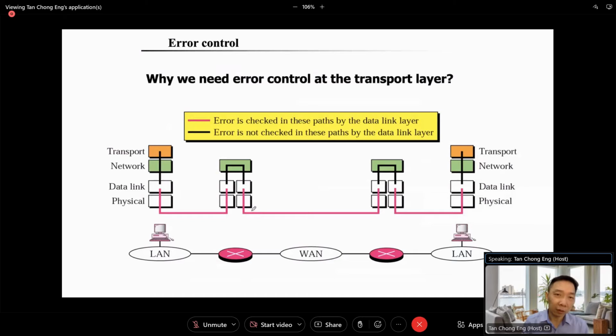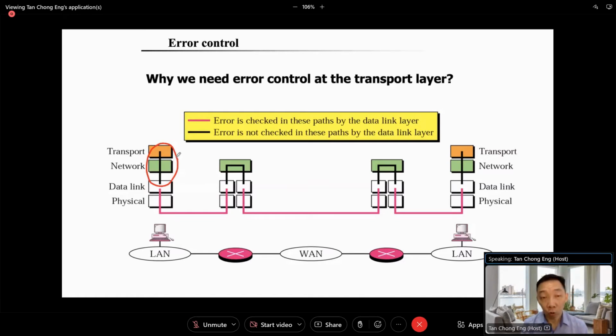And if you look at the error control here, error control is actually a very crucial element as well. If you can recall properly, at layer 2 we already have a lot of error control mechanisms. So then why do we still need error control at the transport layer? Is it redundant? No, it is not. If you look at this diagram here, this black stick cannot be verified.